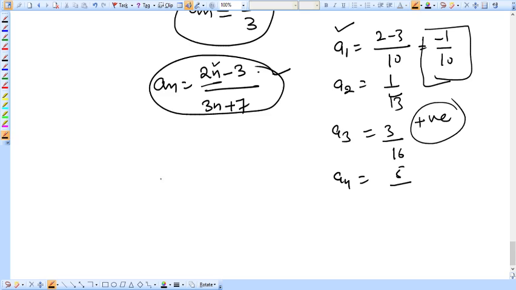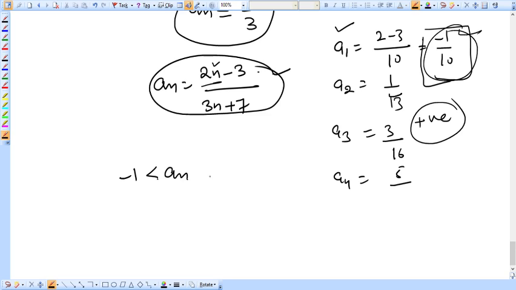तो we can write that a_n is greater than minus 1. और you can write a_n is greater than or equal to minus 1 by 10. और equal लगाना पड़ेगा, क्योंकि एक टर्म इसके equal है. और you can simply write a_n is always greater than minus 1, क्योंकि ये वाली एक ही टर्म नेगेटिव में है और वो भी 1 से ग्रेटर है.